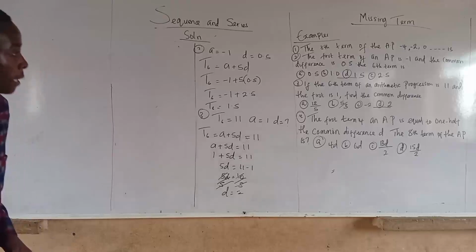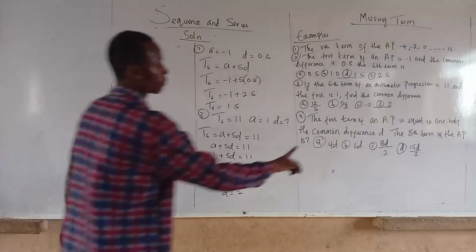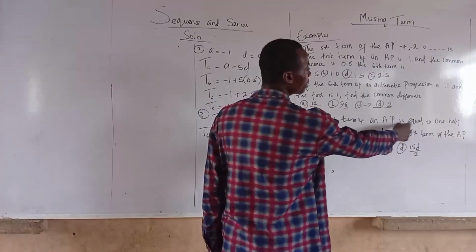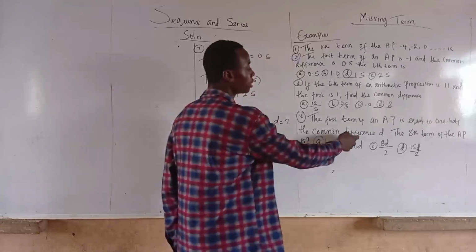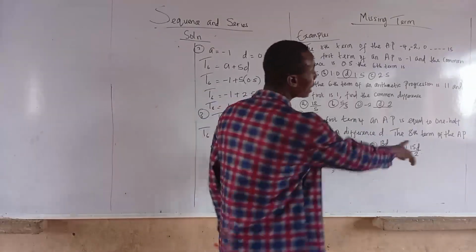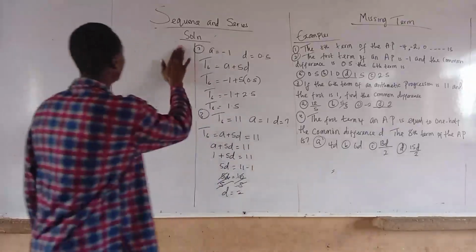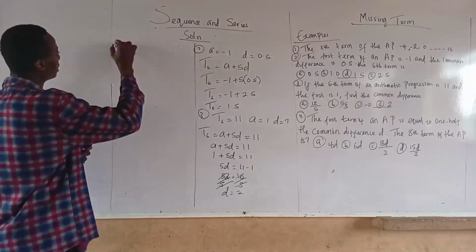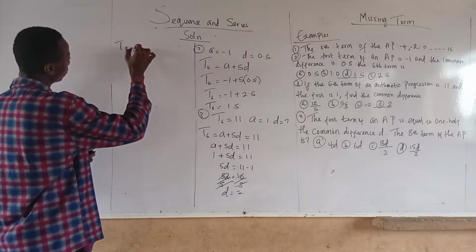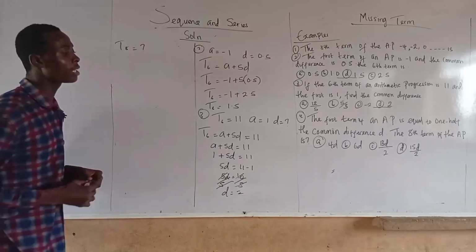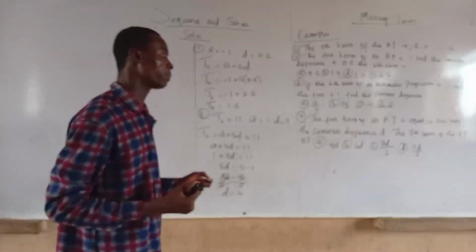So the first term of an AP is equal to 1/2 the common difference D. We are told to find the eighth term, but they did not give us any number to be more precise.